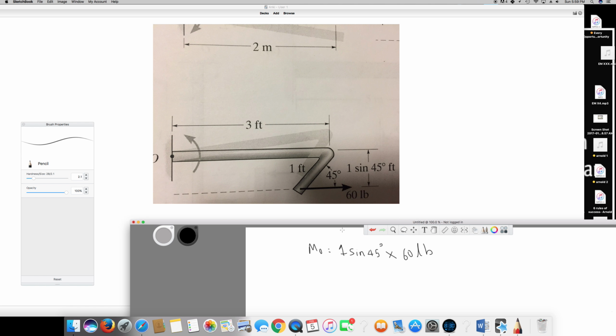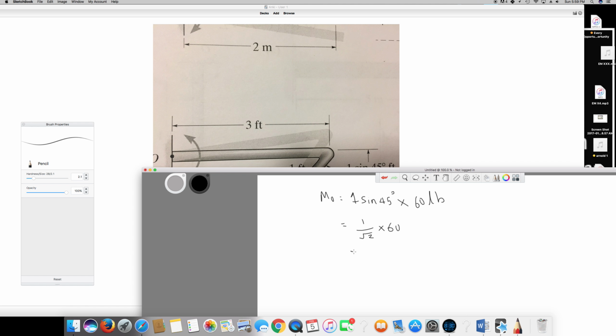Sine 45 is 1 over root 2, times 60 lb is going to be 60 over root 2 Newton meter, and it's counterclockwise.